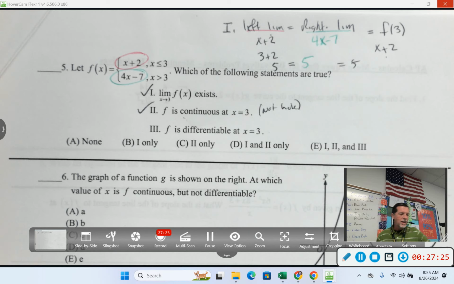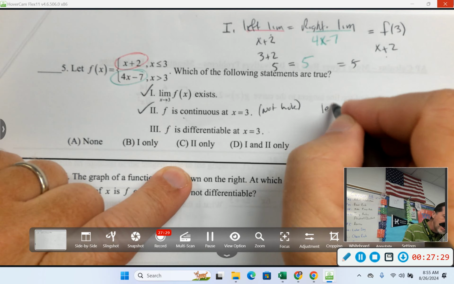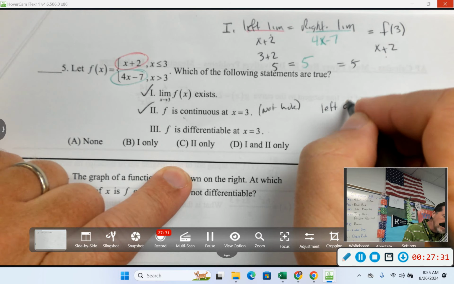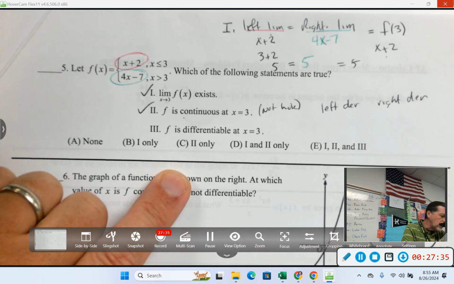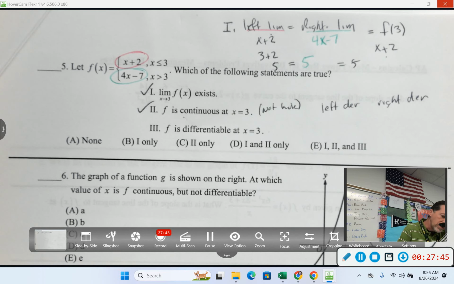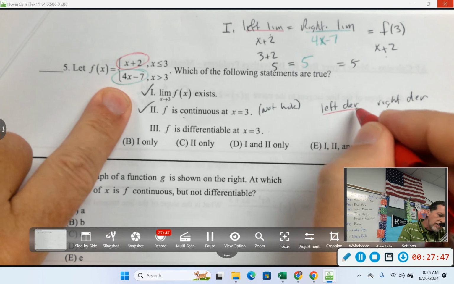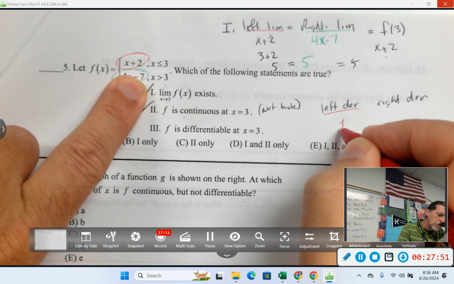So I need basically the derivative of each side. I need the left derivative and the right derivative. So it's similar to that function checking. You got to check the left side and the right side to see if they meet. Now I need to check the left slope and the right slope to see if they have the same slope. So the left slope, the derivative of x plus 2 would be 1.